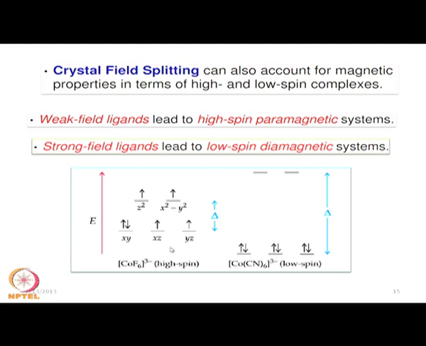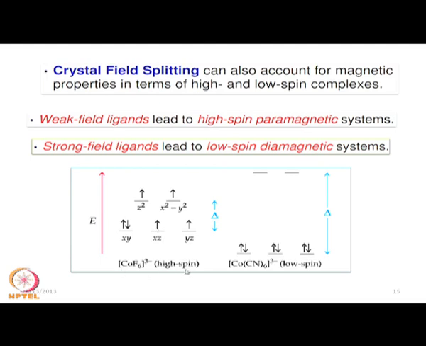So, these are the two situations where we can have the corresponding cobalt hexafluoro and the cobalt hexacyano species. In one case, since the cobalt is in +3 oxidation state, the cobalt has 6 electrons, so it is a 3d6 system.